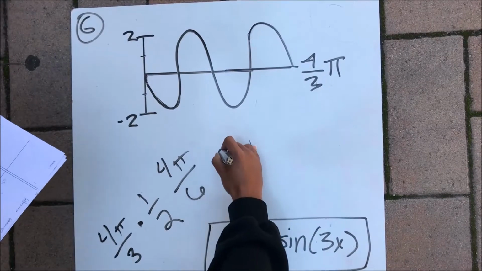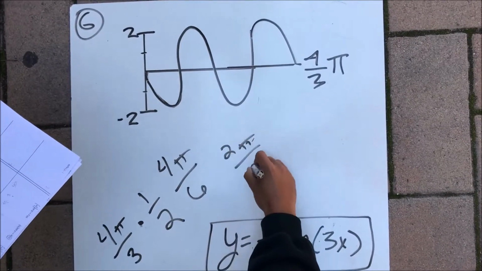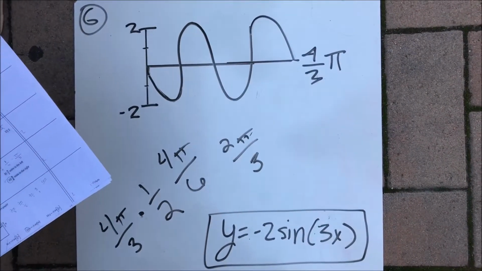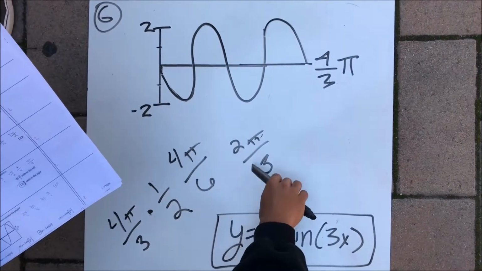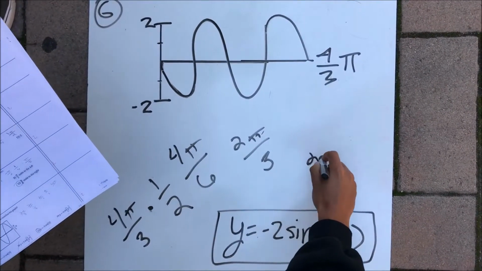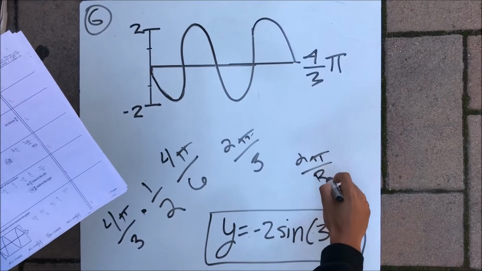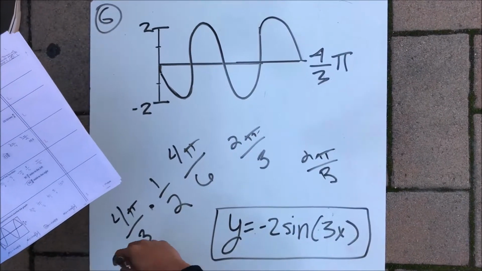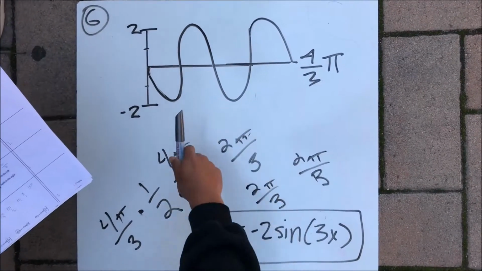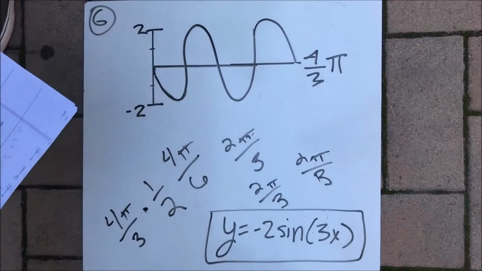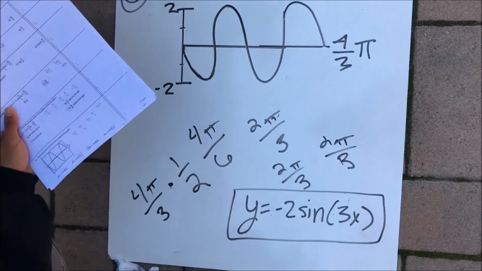That reduces to 2 pi over 3. And out of these equations, to get that period would be C, because it has a b value of 3. So it would be 2 pi over b. Plug in the 3 from the equation in answer C, you get 2 pi over 3, which equals the graph's period.